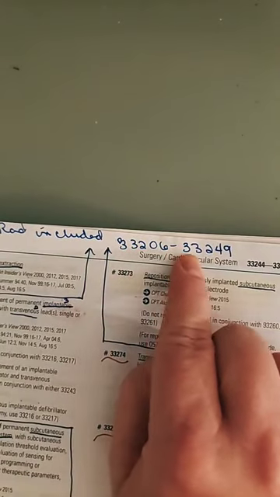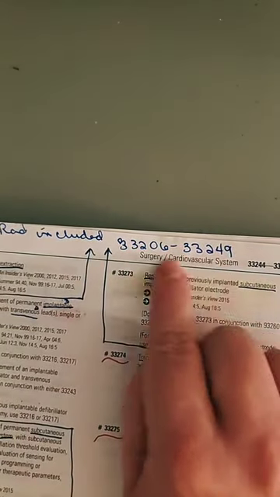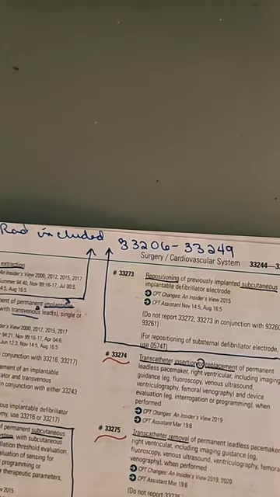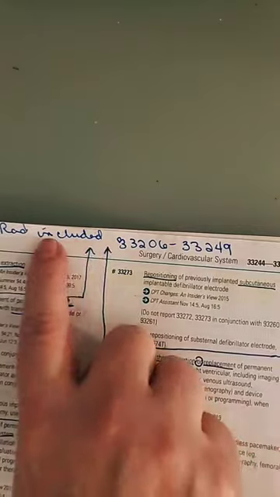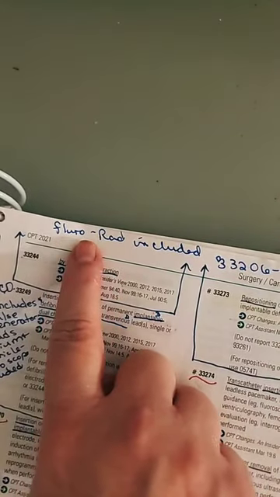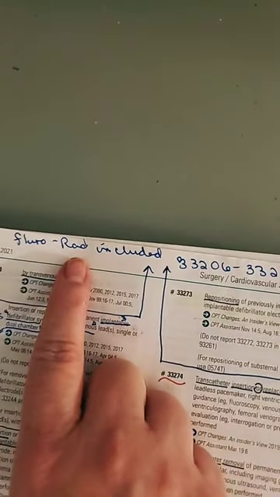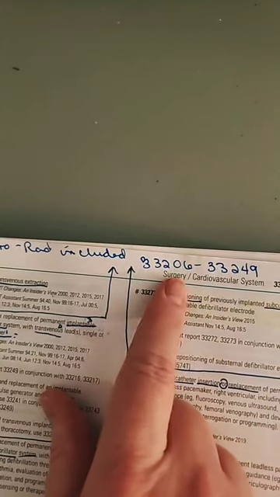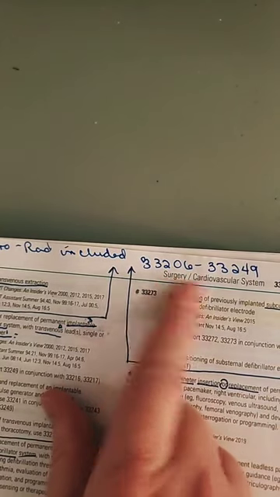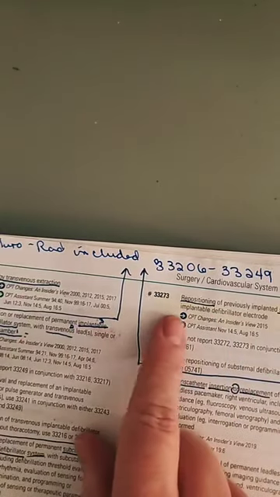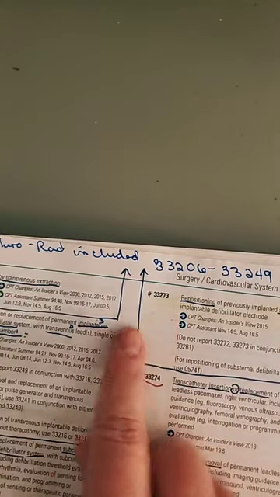Also knowing that all these CPT codes from 33206 through 33249, there's about 43 codes there, they all include radiology fluoroscope. So don't let AAPC or AHIMA make you think that you need to add a 77 code to those, because they include radiology, and they don't do any kind of a good job telling you that it includes it.